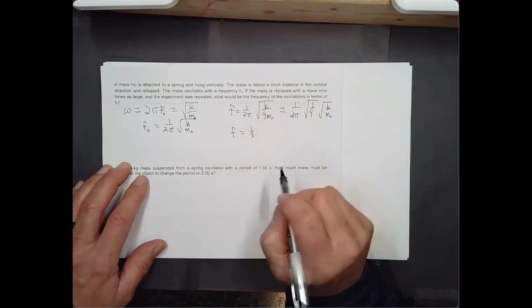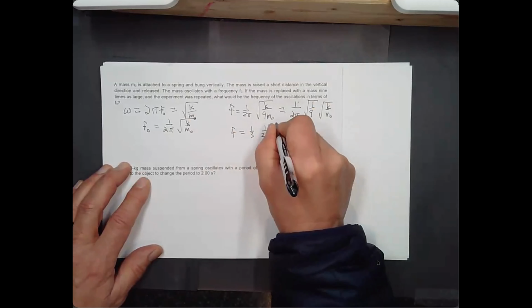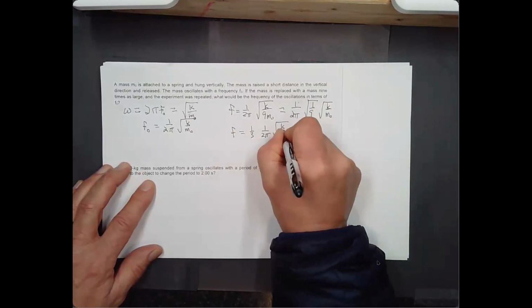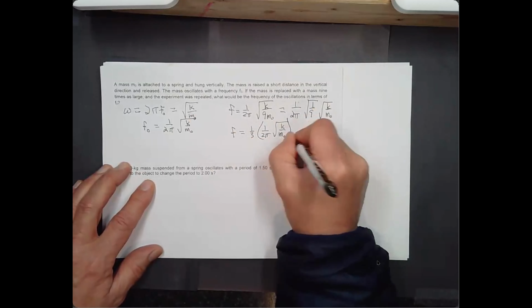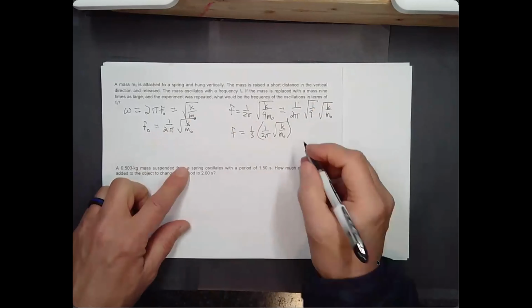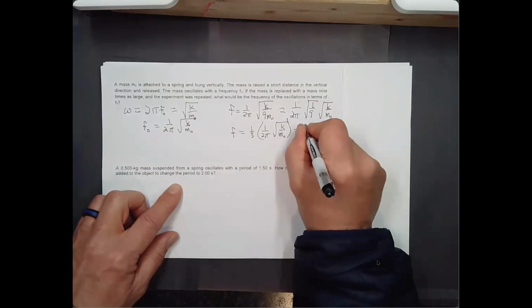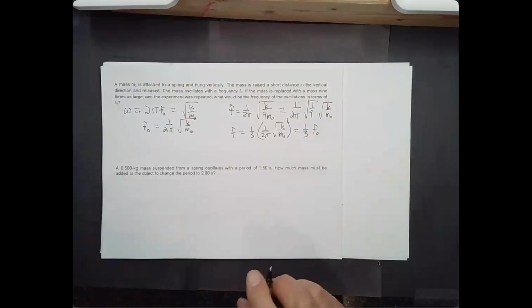Remember, you can multiply in any order you like. So we'll have 1 over 2 pi times the square root of k over m naught, and this stuff here is the original frequency. So we end up with 1/3 of f naught.